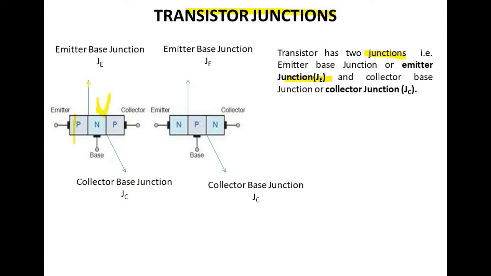When two pieces are joined, we get a junction. In this case, because emitter and base are joined, we get the emitter base junction called JE. And in this section we see that base and collector are joined, so we get a junction known as the collector base junction, which is also called JC.